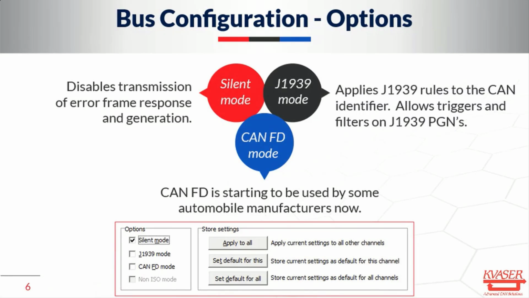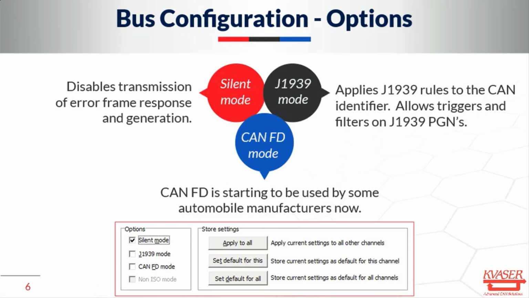You have J1939 mode as a box you can check. J1939 mode simply configures some additional screens in Memorator configuration tools so that they display the arbitration phase, the CAN ID of the CAN frame broken down according to J1939 rules. For those of you who are familiar with different CAN protocols, the CAN ID is broken down in completely different ways depending on what CAN protocol you're talking about.